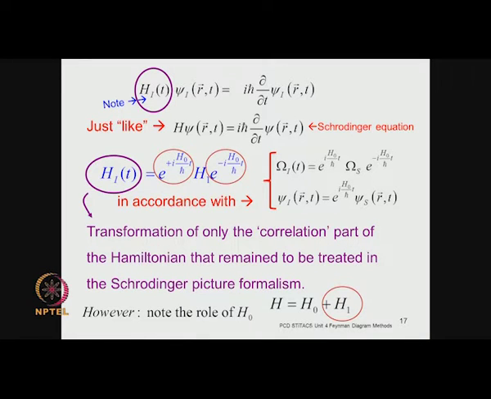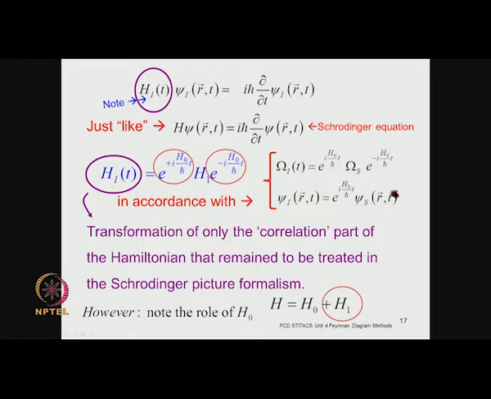So, what we have done through this transformation, the transformation is effected through this transformation operator e to the i H0 over h cross t. So, this is the transformation operator O. It provides a generalized rotation of the state vectors.